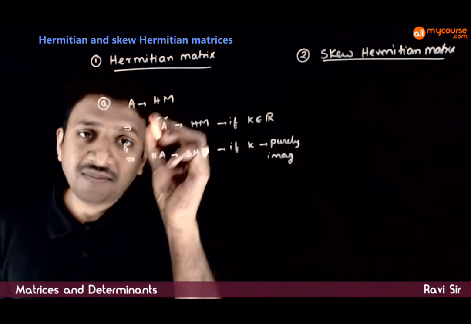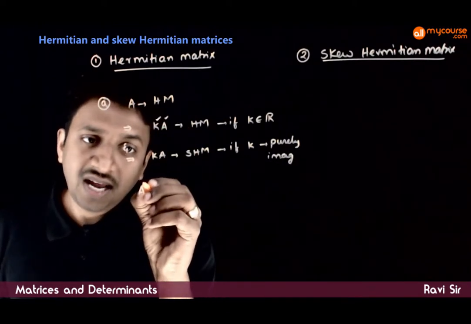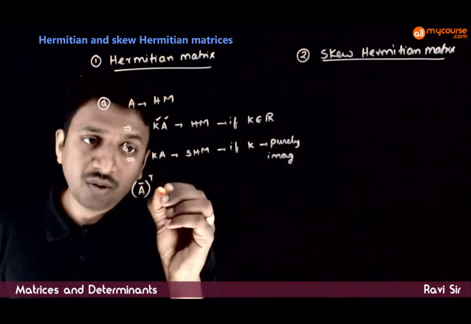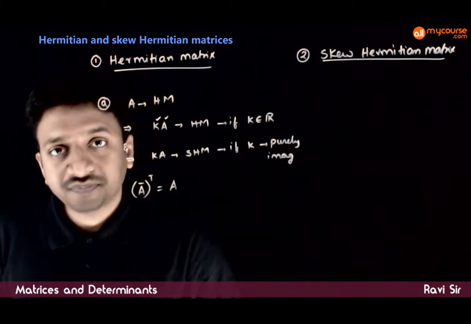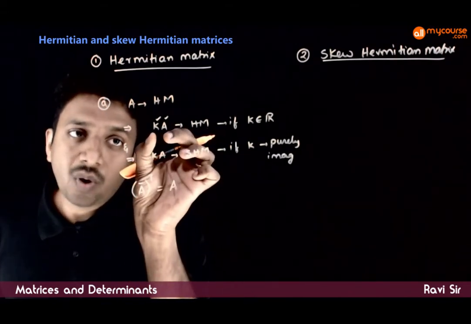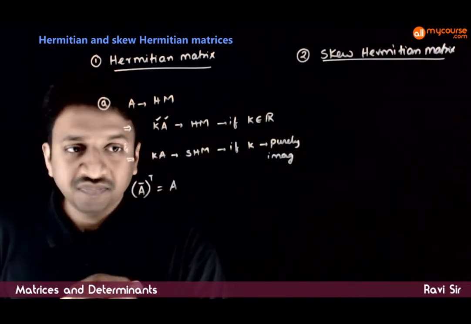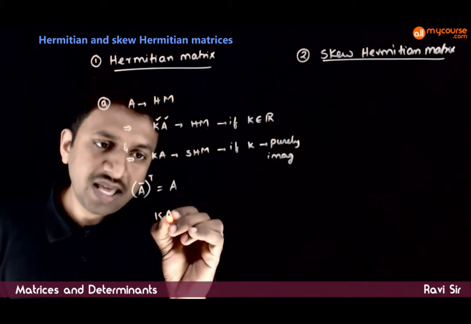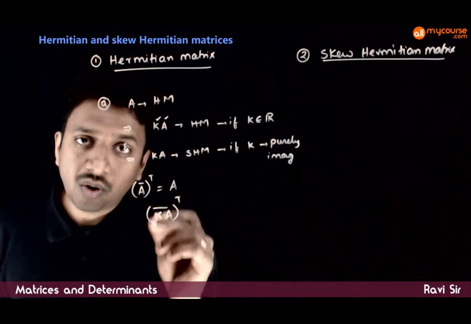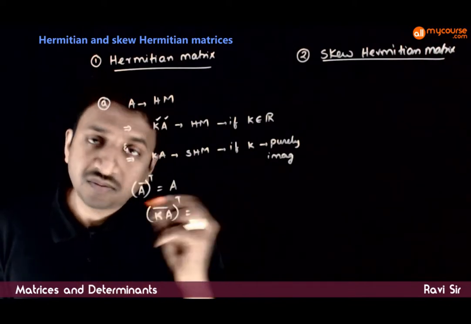So if A is a Hermitian matrix, that means A conjugate whole transpose is equal to A. So if this happens, let us see what we can say about KA. Now, what is KA whole conjugate whole transpose?